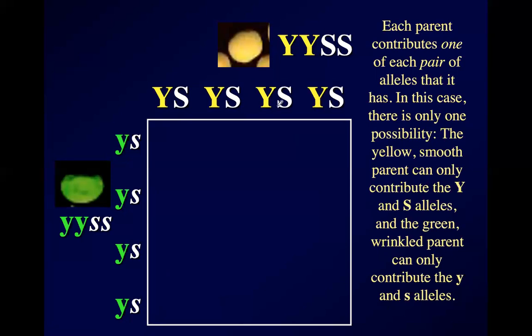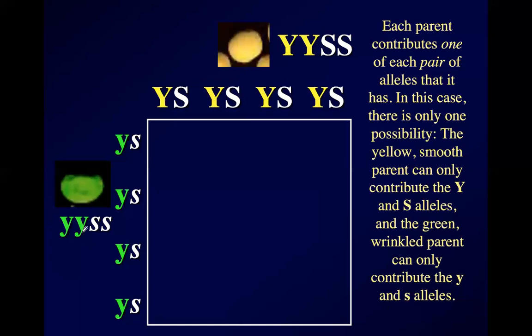Each pea plant can only pass on one of each pair of its alleles. The yellow smooth parent can only pass on one dominant yellow allele and one dominant smooth allele, which we write as big Y, big S. And that's the only option that the yellow smooth parent can pass on.